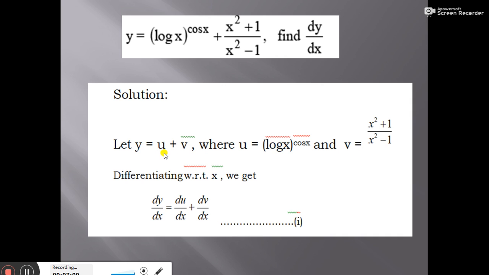Then differentiating with respect to x, dy/dx equals du/dx plus dv/dx. That means we have to differentiate u and v separately and then substitute the values here.